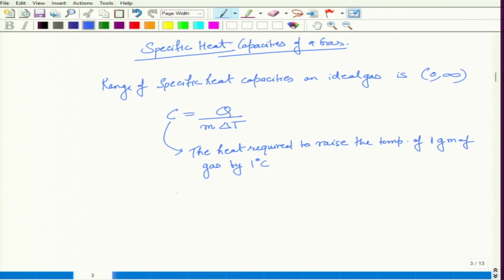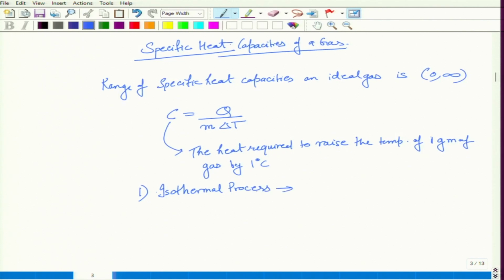So the two processes that need to be discussed are, first, the isothermal process.